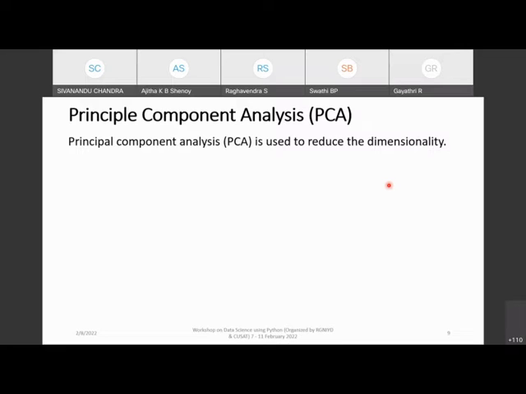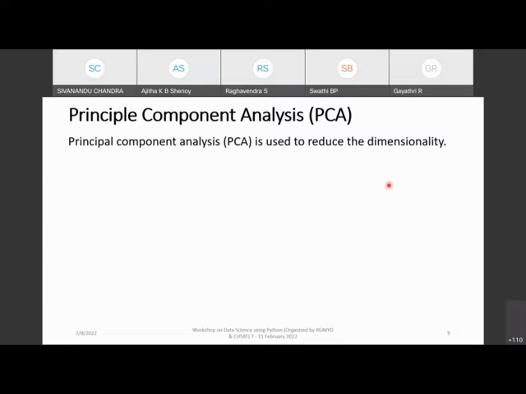Suppose you have a table or a matrix of size 1 million by 1000. To process that 1 million by 1000 dimensional matrix, you require so much time. In those 1000 columns, some of the columns may be irrelevant or not of that much importance. So you have to reduce the dimensionality of your data. To do that, you use a technique called principal component analysis.